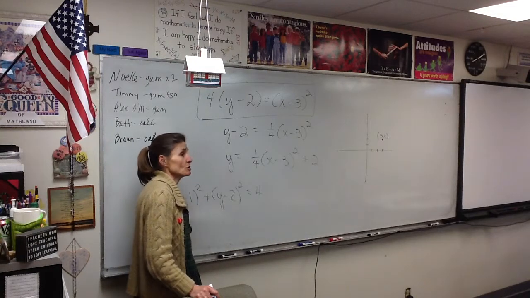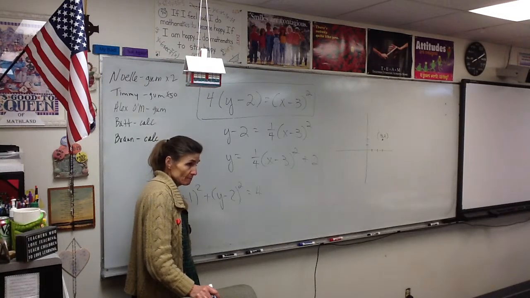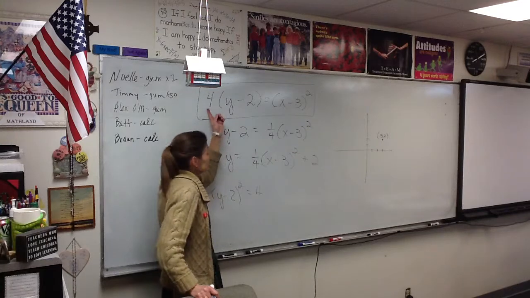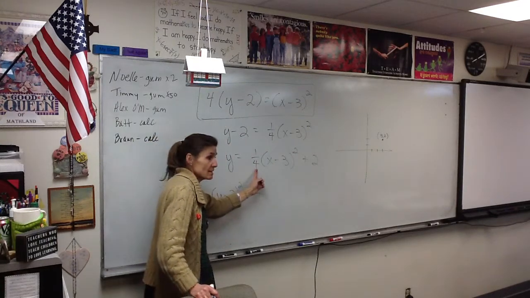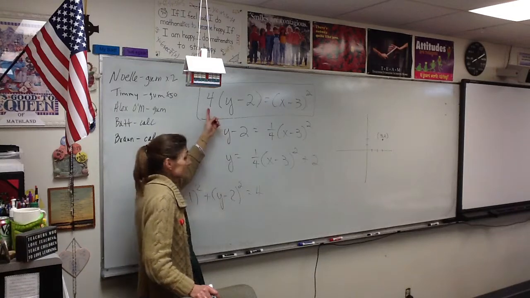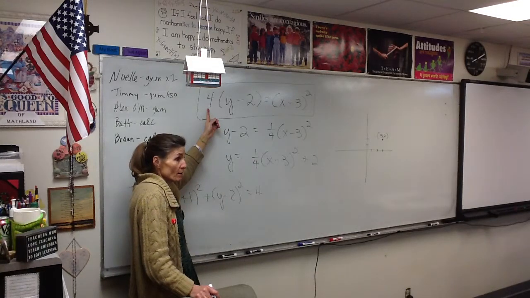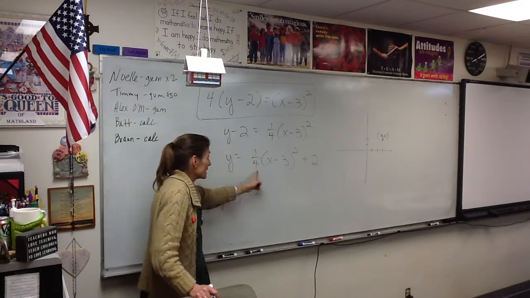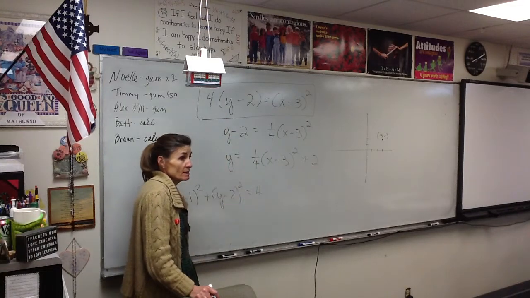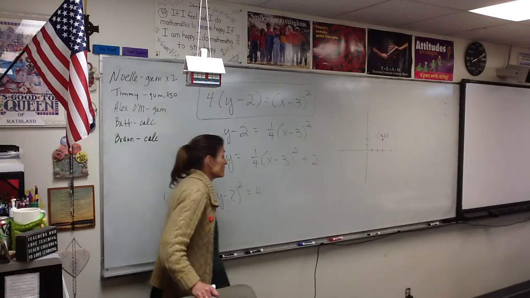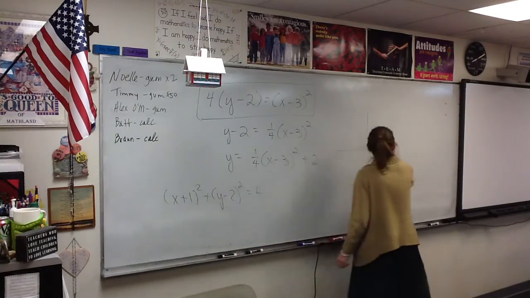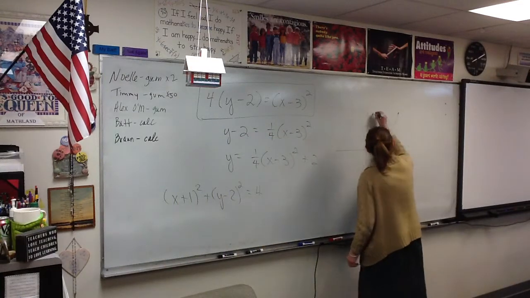What distinguishes whether it opens up or down? The sign of this coefficient, or it's here if you write it in this form. If that's a positive number, we're going to open up. If that's a negative number, we're going to open down. You already knew that, right? So we've got a parabola with this vertex, and it opens up.